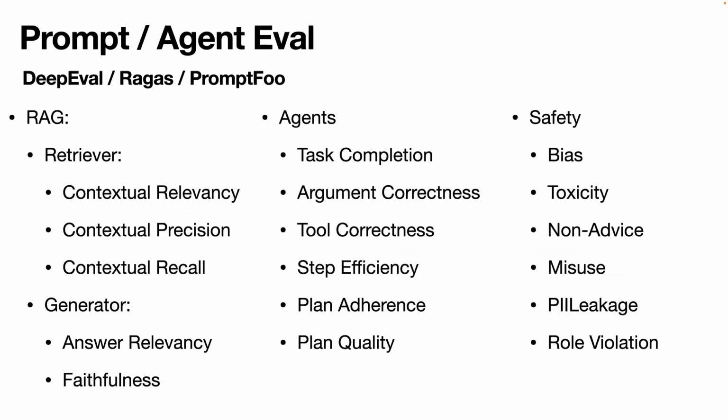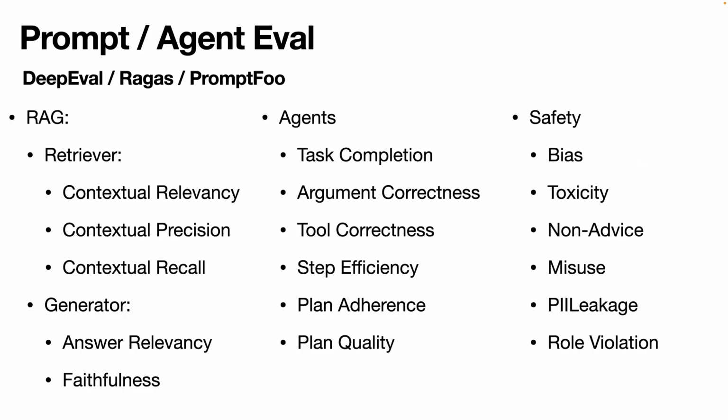And there are a lot of different metrics for all the different parts of your pipeline. It's all very complicated. For example, for RAG solutions, you have to measure and evaluate separately your retriever part and generator part. For agents, there is a different set of metrics.